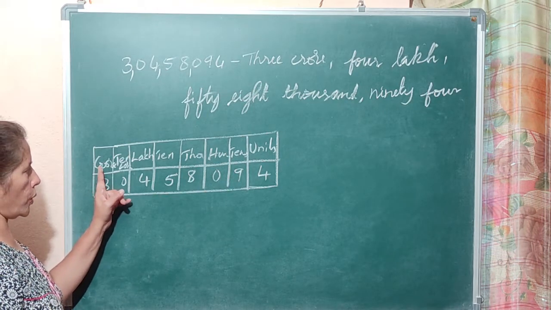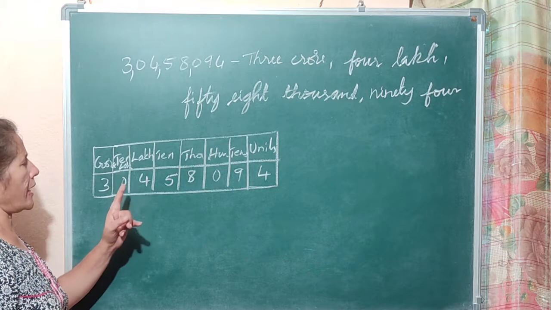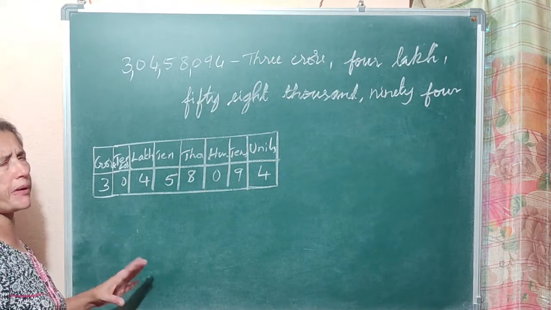3 into 1 crore plus 0 into 10 lakh. I need not write 0 into 10 lakh, I can simply put 0.